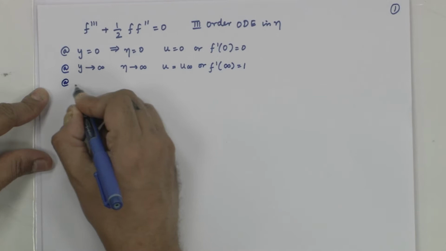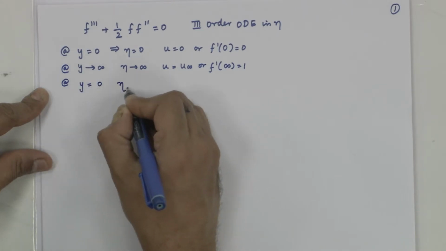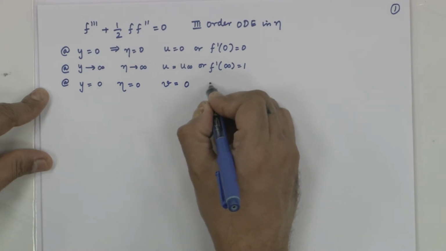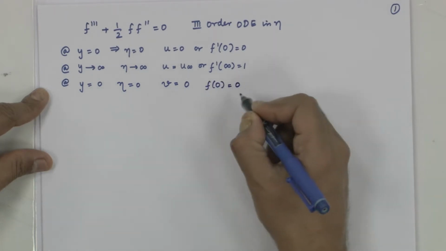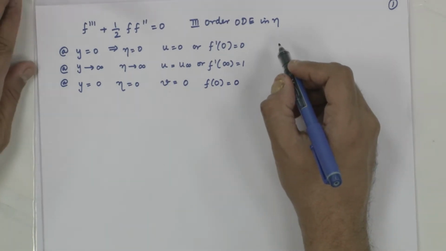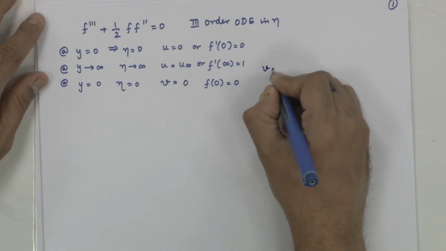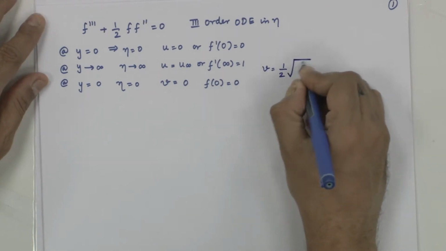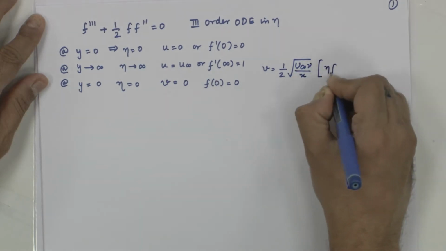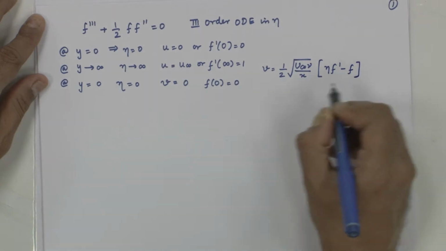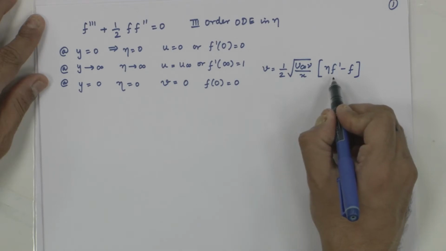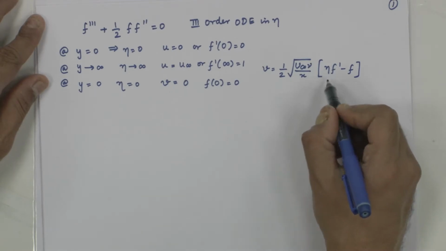And the third boundary condition was at y equal to 0, eta equal to 0, v becomes equal to 0 because of no slip, and from the expression for v, which was obtained as v is equal to half u infinity nu by x times (eta f prime minus f). So, no slip condition demands v equal to 0, f prime of 0 equal to 0 or eta equal to 0, whatever.